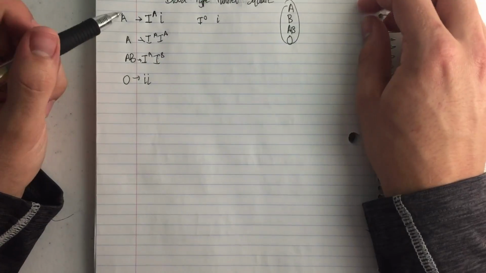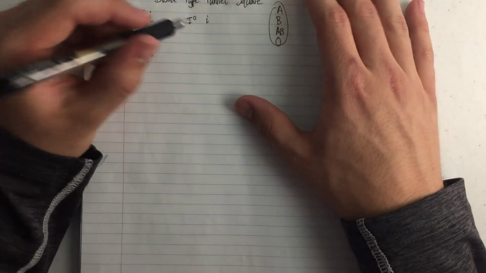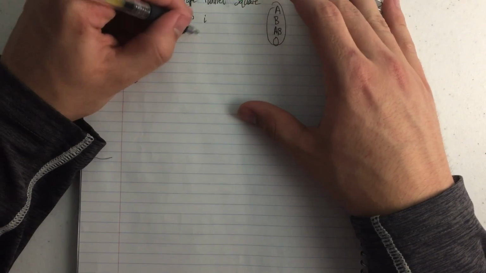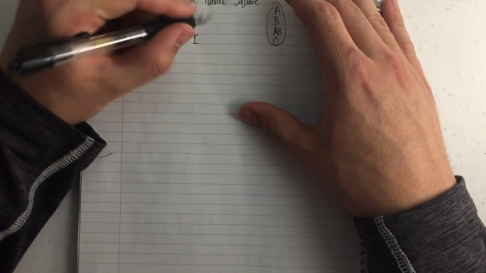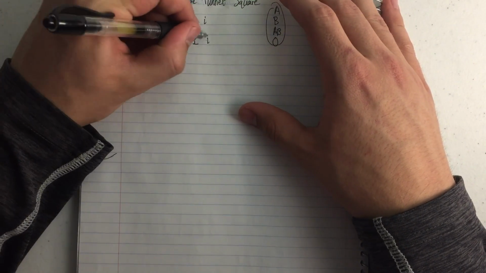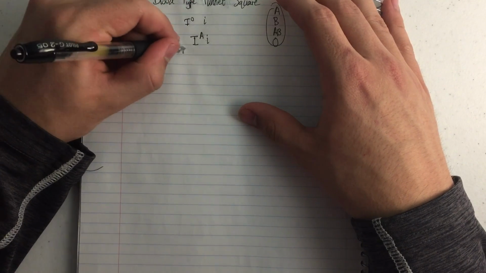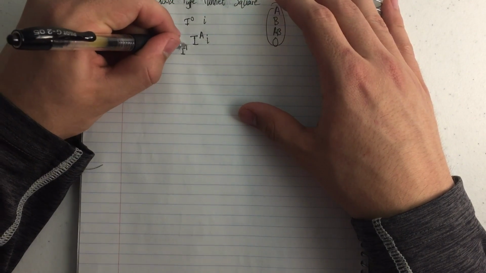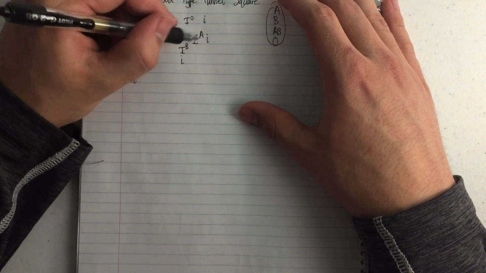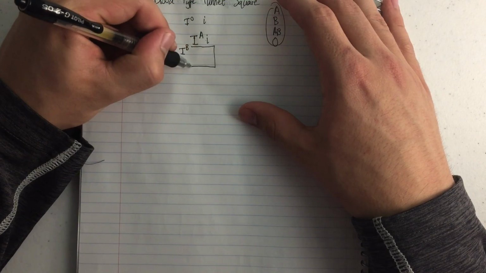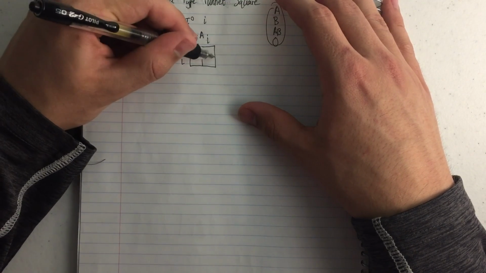So what I want to do is a cross that will get us all of the types. If I have an individual that has type A blood, but they also have the O, and then another person who has type B blood, and then the O allele, then those are going to look like this. So I'm going to draw my little box.